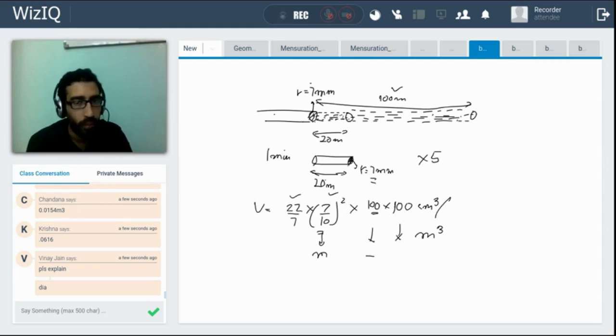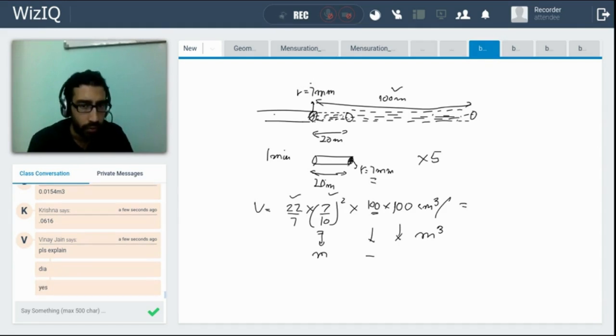So yeah, is this clear, Vinay? This will be your answer. If you were to simplify this, 10 square will check out 100. This is 15400 centimeter cube.